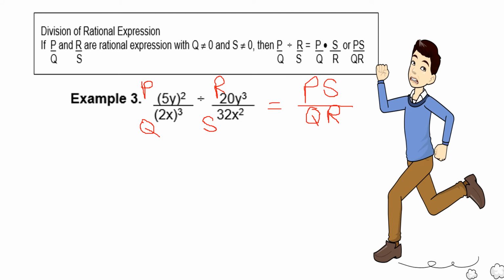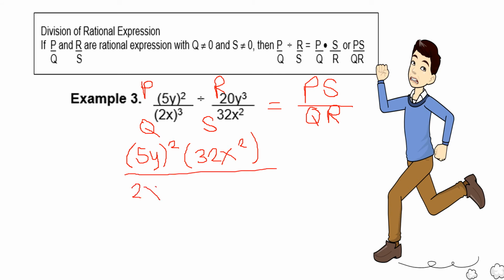Okay? So, we have 5y squared times yung S natin, 32x squared, all over 2x cube, may parenthesis pa tayo, and 20y cube.